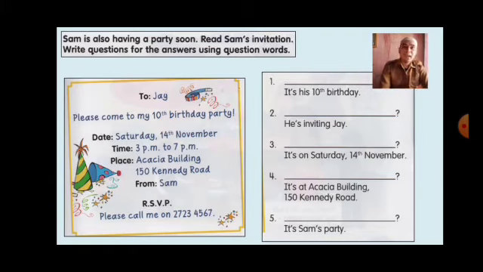Now let's have an evaluation of the explanation. Question number 1. This time you are asked to use the question words what, where, who, when, why, and so on, to determine the question for each answer.